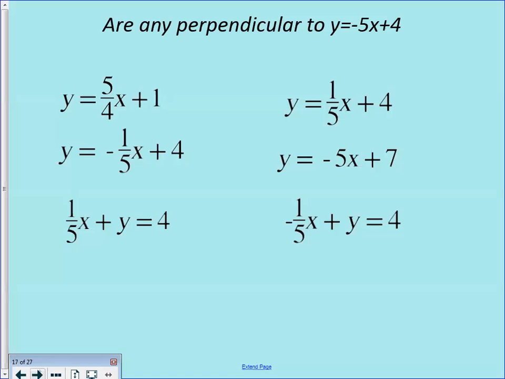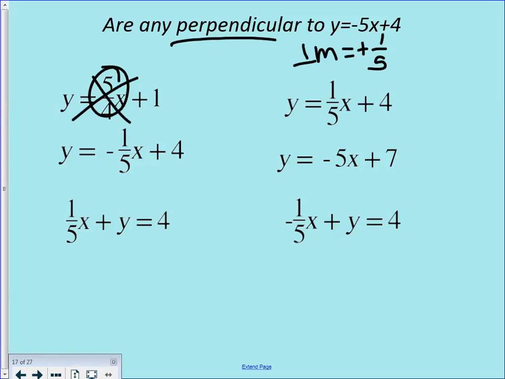All right, so are any of these perpendicular to y equals negative 5x plus 4? Well, let's look. If I want to be perpendicular, that means that my slope has to be the opposite reciprocal of my current slope. Well, I was negative, so I want to be positive. I was 5, and 5 is the same as 5 over 1, so flip that to be 1/5. So this first one here has a positive, but it's 5/4, so that's wrong.